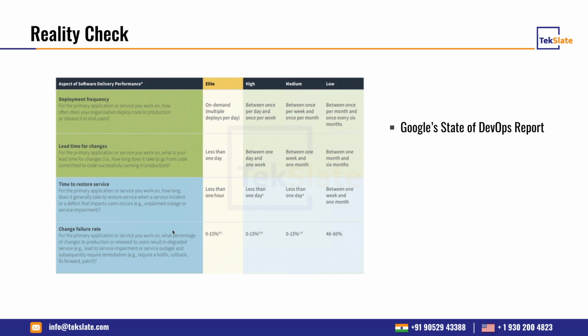Based on your KPIs, you will be put in a high, medium, or other performer category, and you should always try to be on the elite side. This also relates to the DevOps principle of monitoring and measurement. Until you measure it, how will you know your deployment frequency, and how will you improve from one category to another? It all depends on those principles.